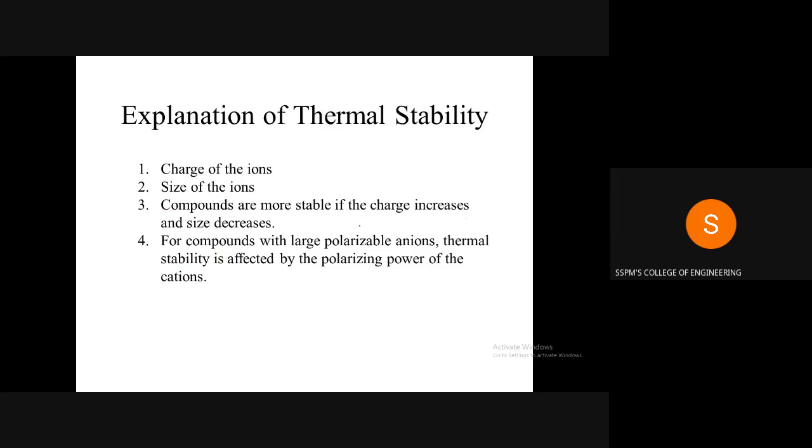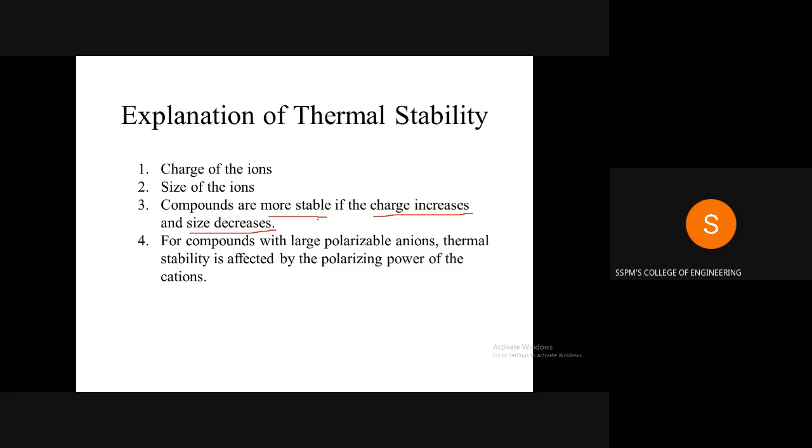So +3 is more stable than +1. So charge increases and size decreases. This is the trend for a more stable compound. Stability increases when charge increases and size decreases.